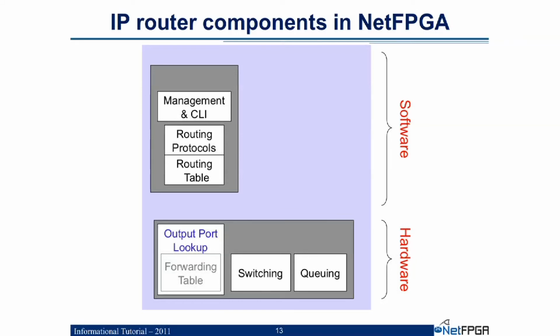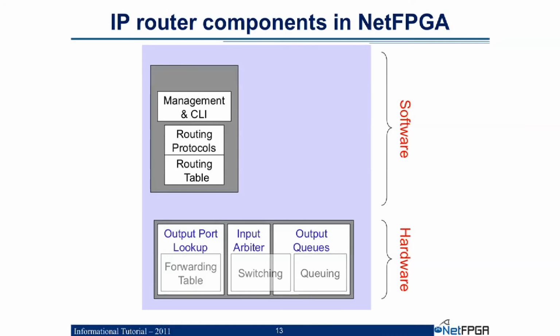This module is responsible for deciding which port to forward packets to. In the case of an IP router, this is the IP forwarding table. Next, the switching component. This functionality is split between the input arbiter module and the output queues module in the NetFPGA. Together, these two modules allow packets from any input to be sent to any output. The output queues module also provides the queues that I described in the generic IP router components.